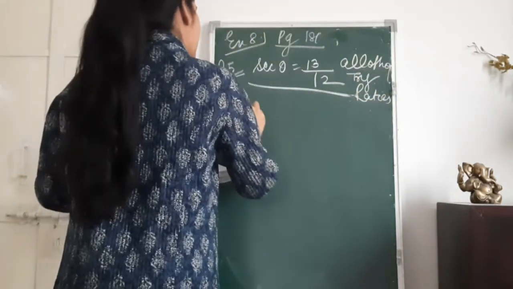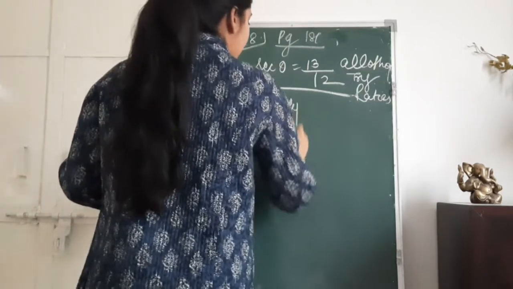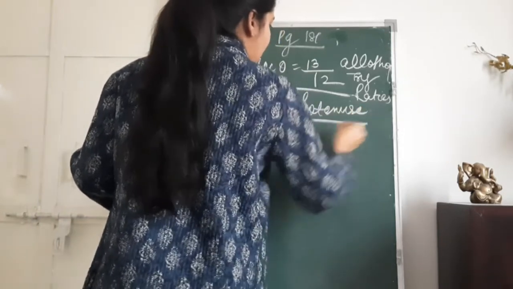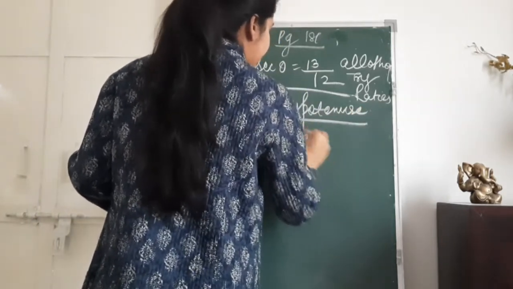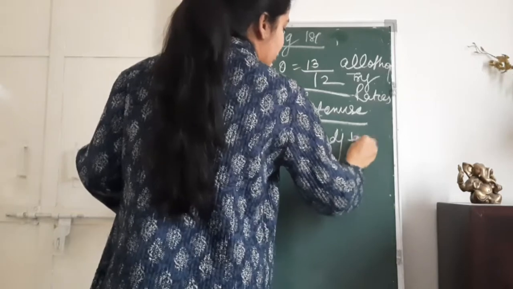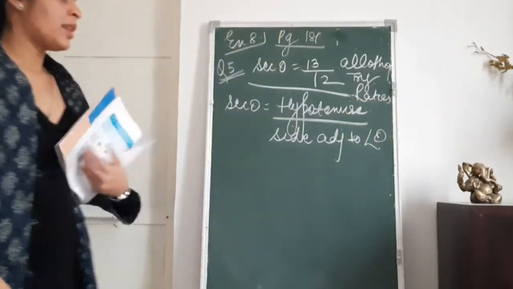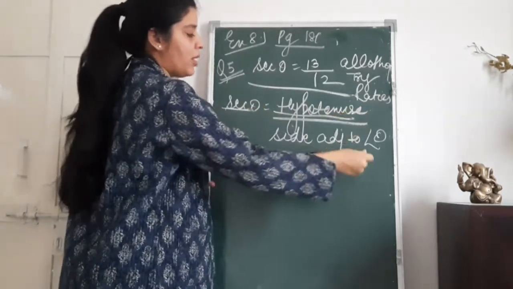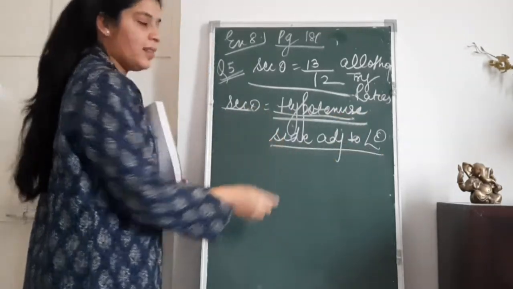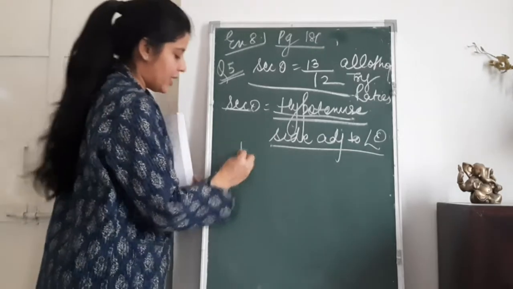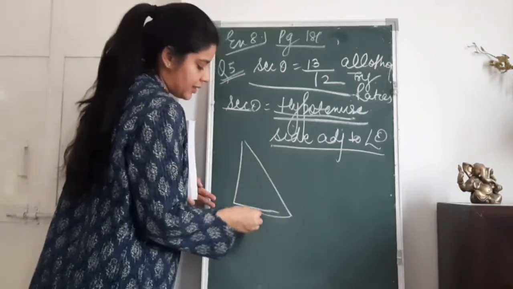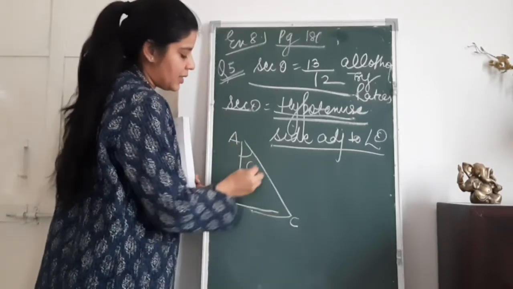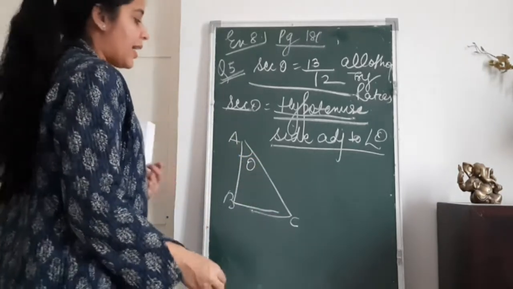Sec theta is equal to what? Hypotenuse upon side adjacent to angle theta. Okay, let's take this as a triangle ABC and let theta be the angle.